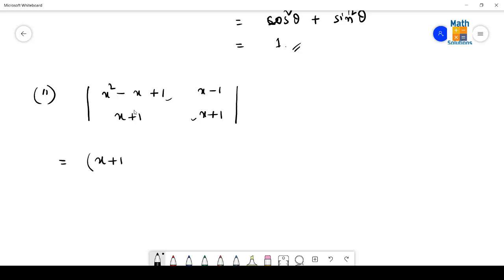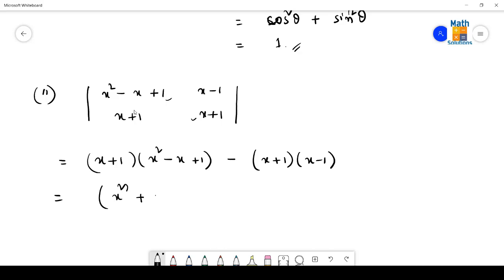So x plus 1 into x square minus x plus 1, then minus x plus 1 into x minus 1. If we notice it, we shall be getting this form: a plus b whole into a square minus ab plus b square. This gives us the result of x cube plus 1 cube. That means a cube plus b cube. This will be of this form.